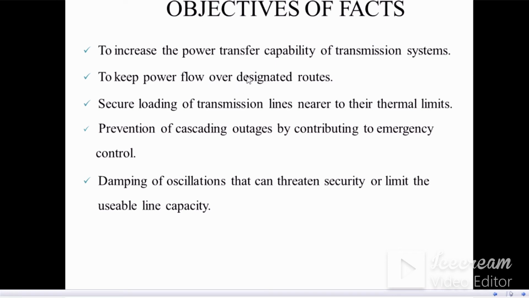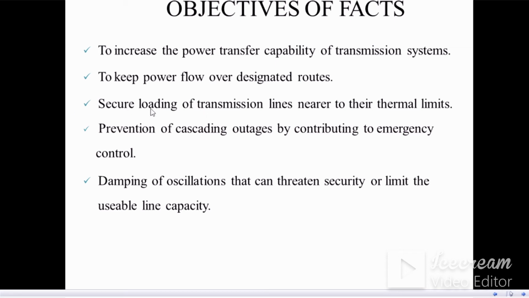So this makes the short circuit cases high and they are more prone to thermal limits. But using these FACTS devices, we keep the power flow confined to that particular route only.